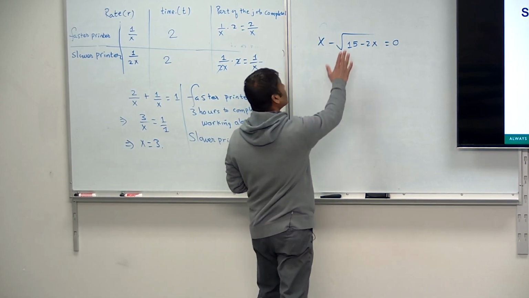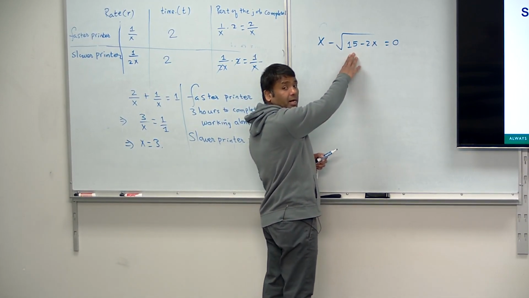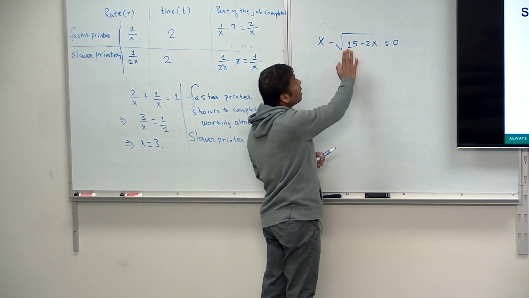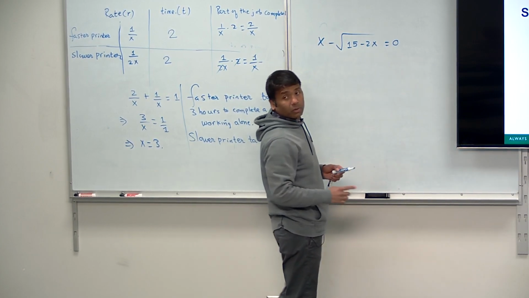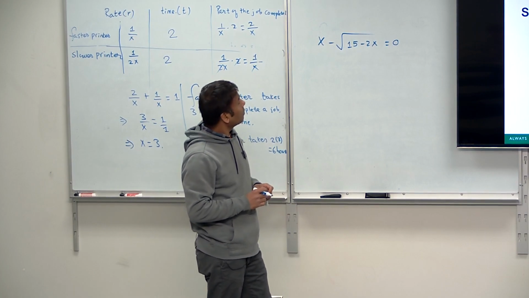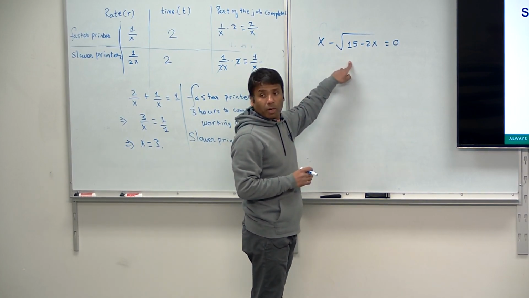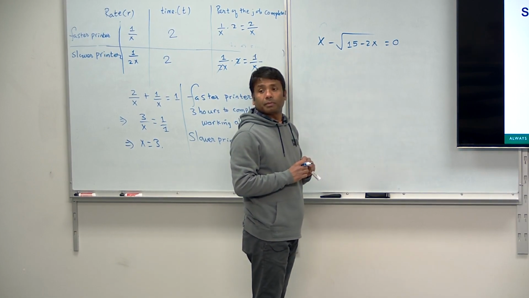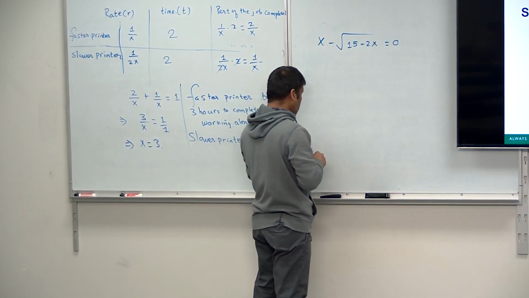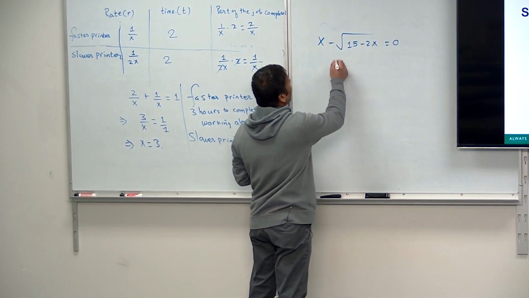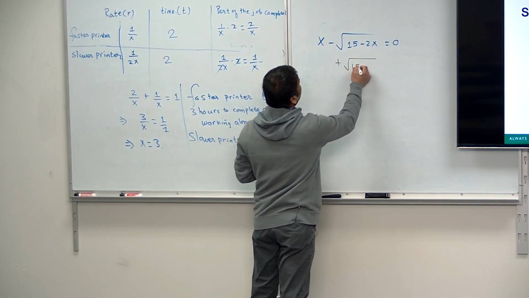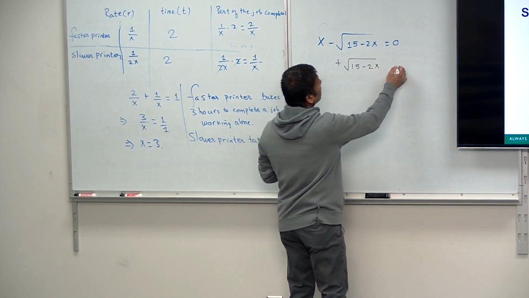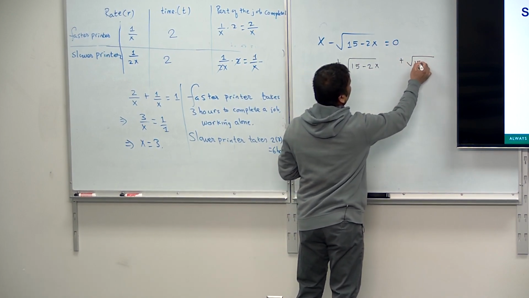Now it's up to you. You can keep this radical term on the left side, or you can move it to the what? Right side. What do you want to do? You have to isolate this. If you want to move this to the right side, you add radical 15 minus 2x on both sides.